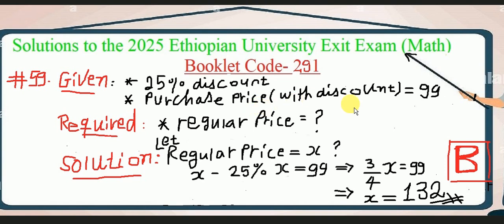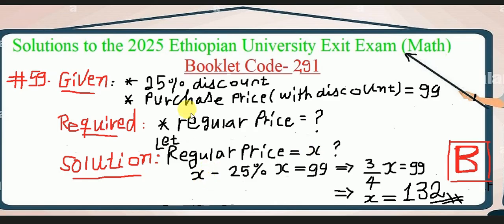When purchased with the discount, the price is 99. What's the regular price? Let the regular price be X.